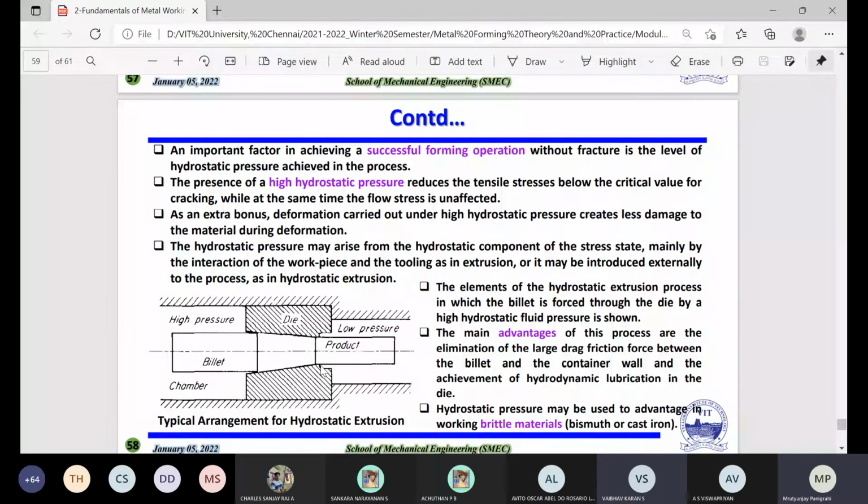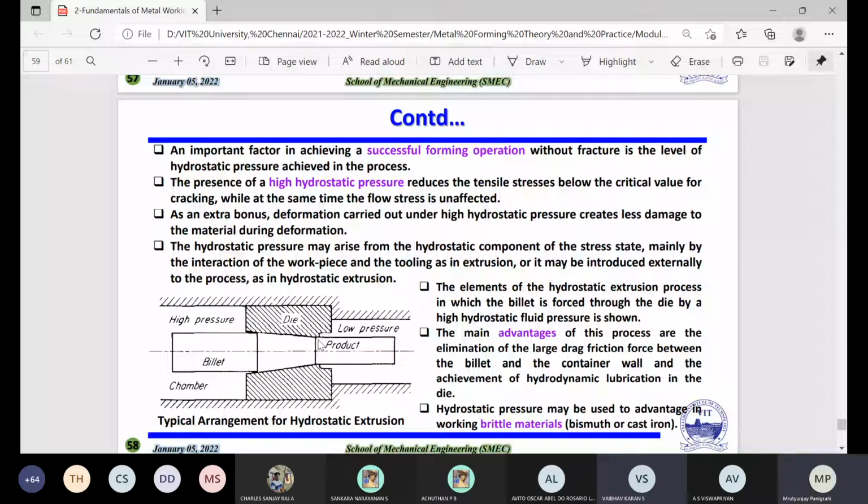You put the billet inside the chamber, and the pressure will be high on this side because this width is bigger, but the width is smaller at the die. Like a water nozzle: if we put our finger on the tip of the pipe, the force automatically increases.